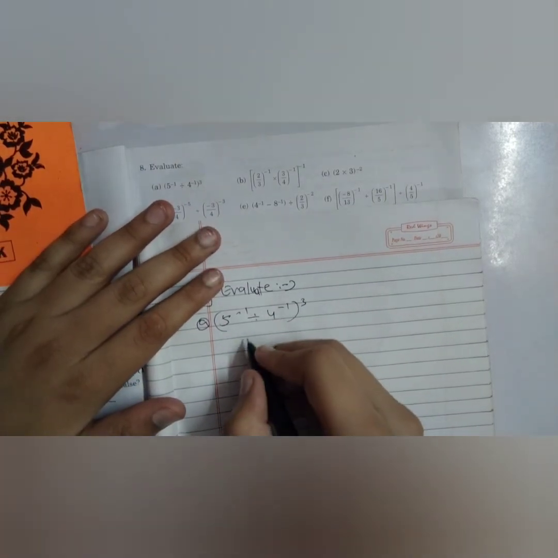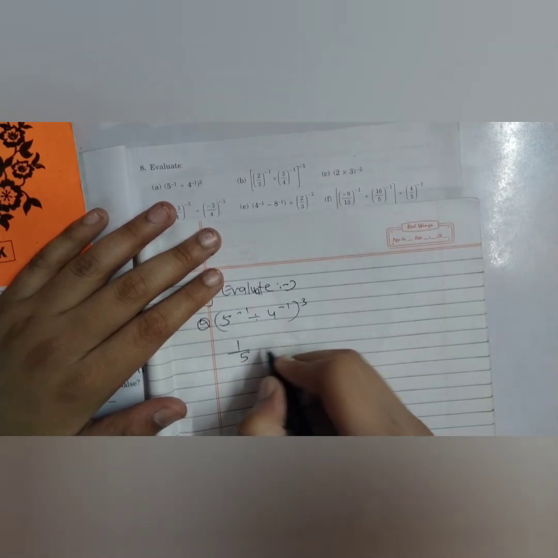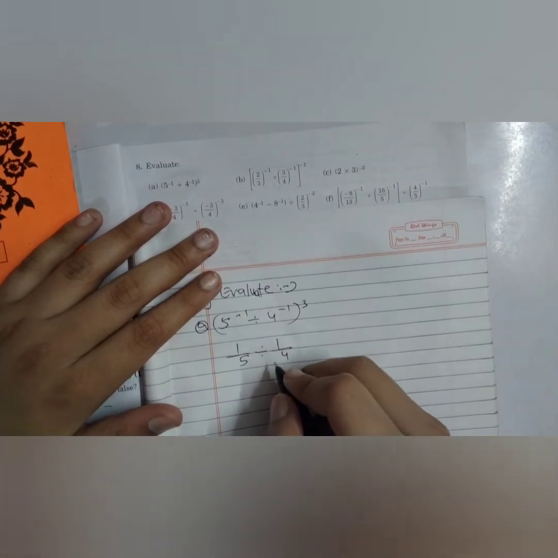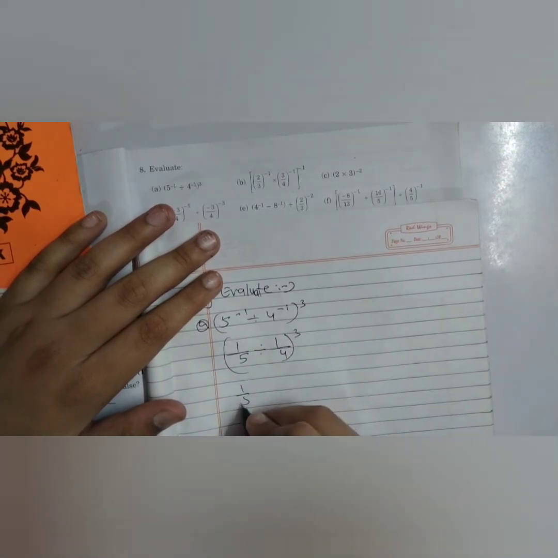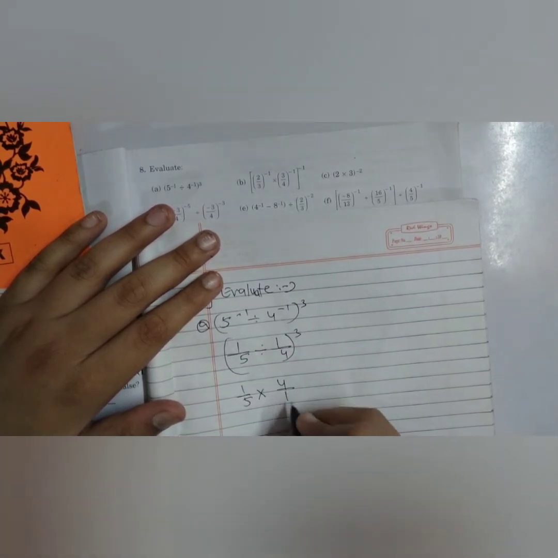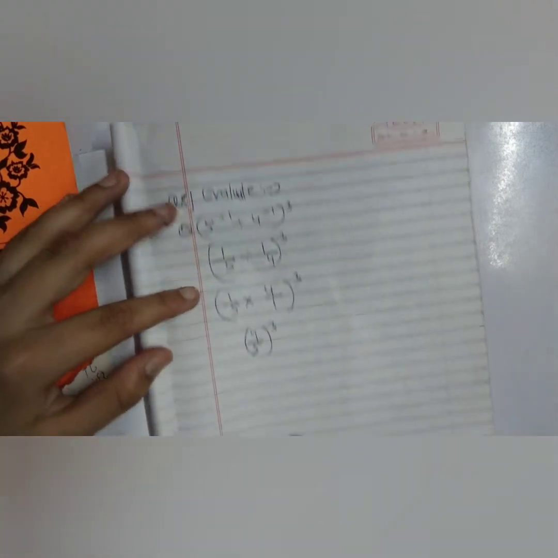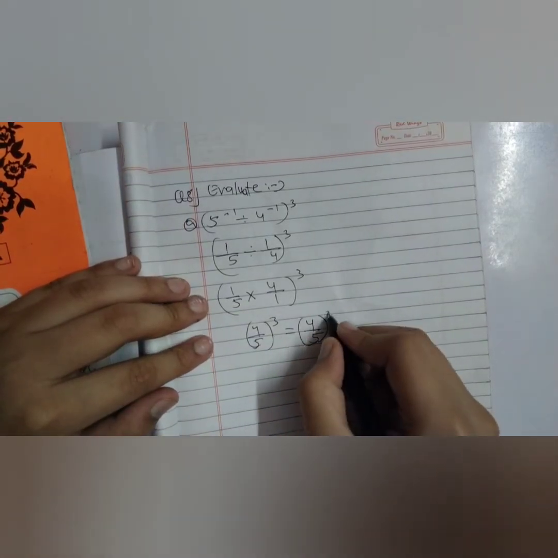Multiply means, if you want, first we will do divide 1 upon 5 divided by 1 upon 4, then we will multiply 1 upon 5 multiplied by 4 upon 1, that is 4 upon 5 to the power 3. Answer is 4 upon 5 to the power 3.